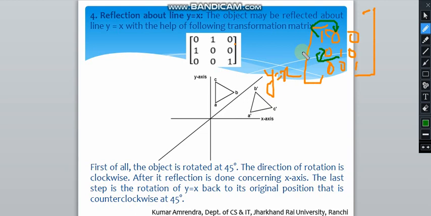So first of all, the object is rotated by 45 degrees and the direction of the rotation is clockwise.